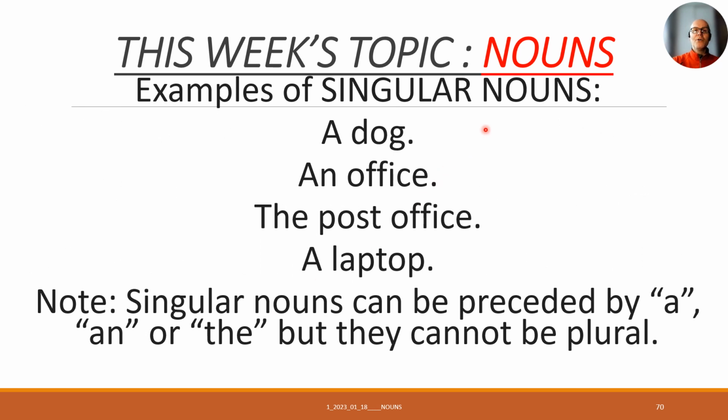Some examples of singular nouns: a dog, an office, the post office, a laptop. Singular nouns can be preceded by the articles a, an, or the, but they cannot be plural.